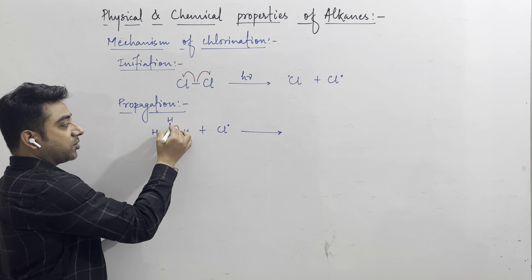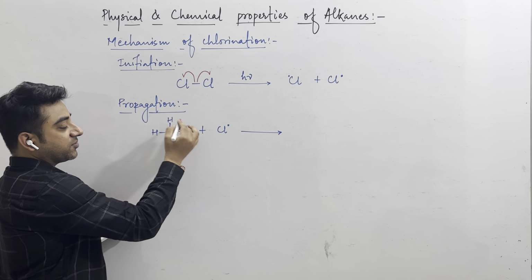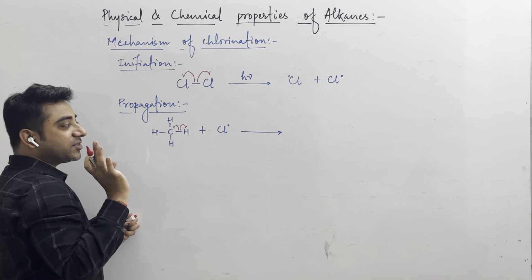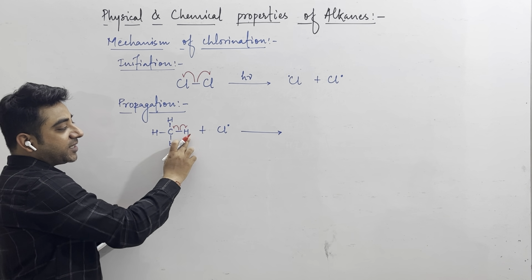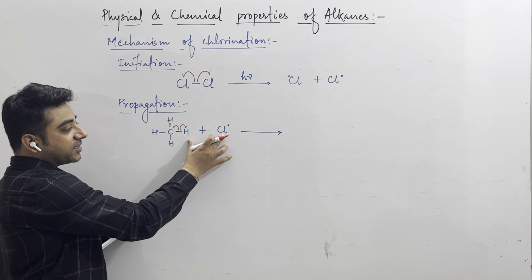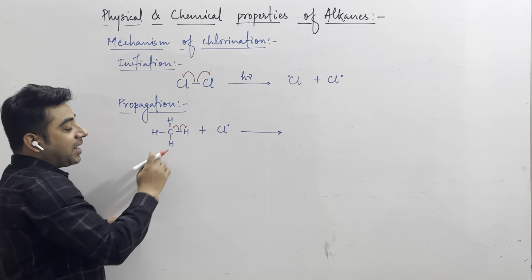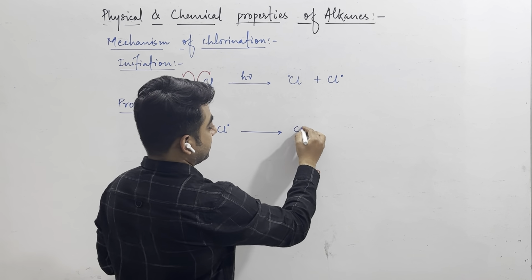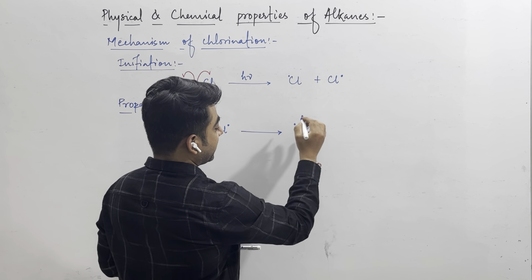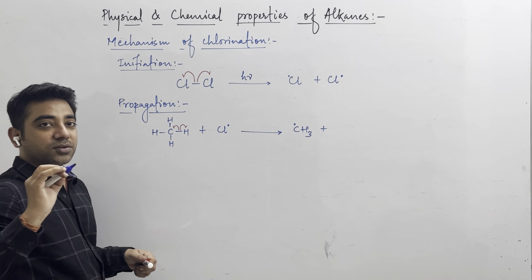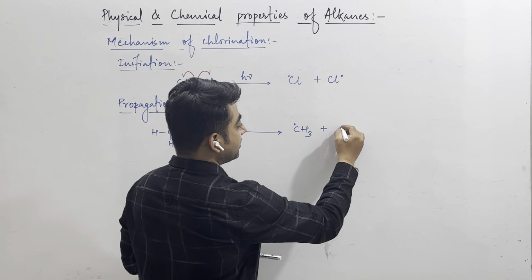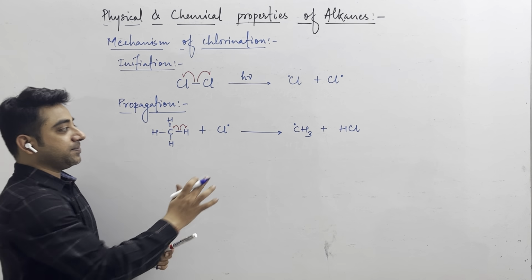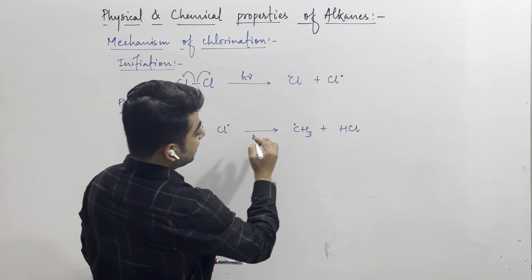Here in this bond you can consider the homolytic fission taking place. So that will cause the electron being withdrawn here. Hydrogen free radical joins with chlorine free radical to give HCl, and you get methyl free radical here. So methyl free radical, unpaired electron on carbon, and this hydrogen and chlorine free radical join to form HCl. This is your propagation step.